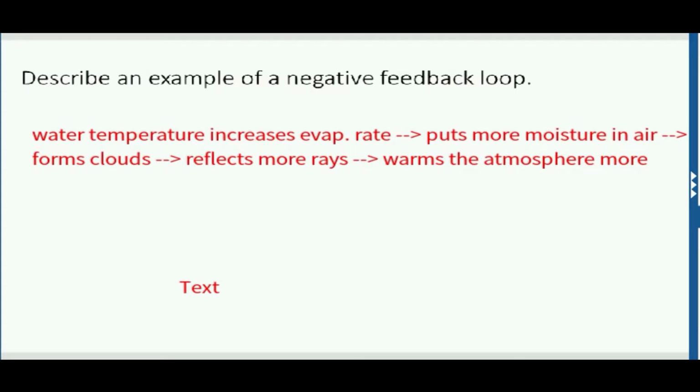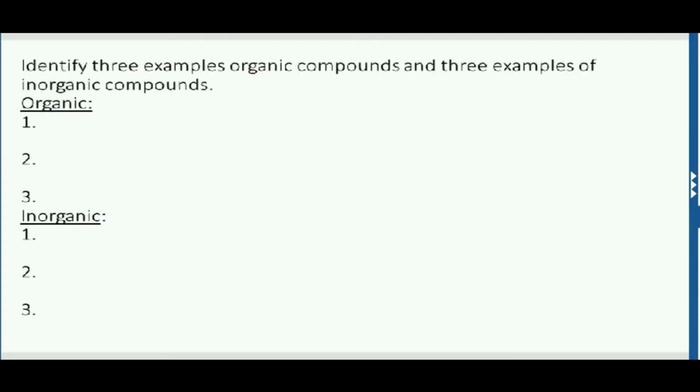So there's that. Okay, 3 examples of organic compounds. Now these are just examples, so there are obviously lots of other ones. Basically organic is anything that is carbon based. So for example, methane is CH4, so that's carbon based.